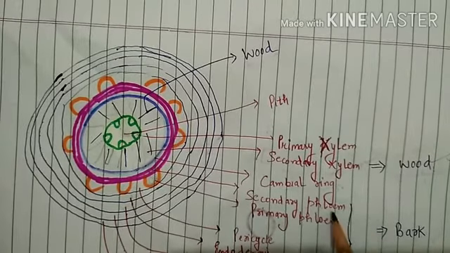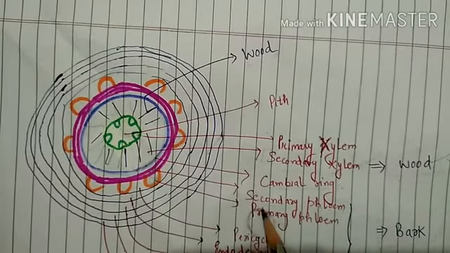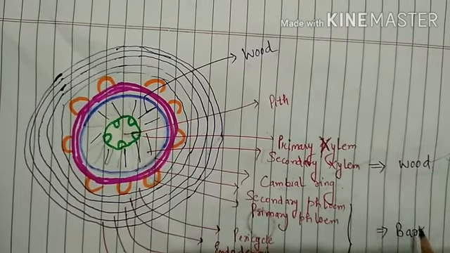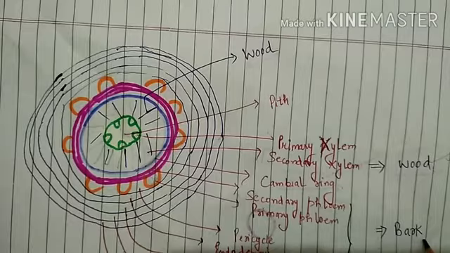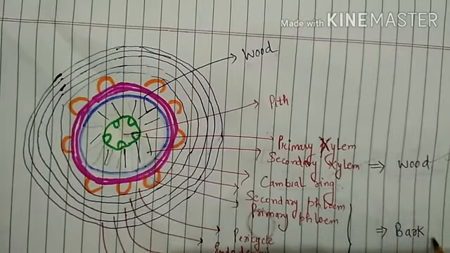All the tissues present outside the cambial ring, whether it is primary phloem or the pericycle to epidermis, constitute bark. We will not study bark in detail right now.